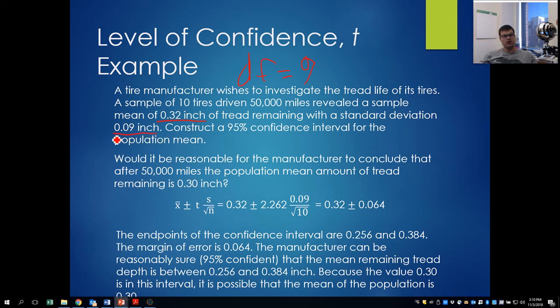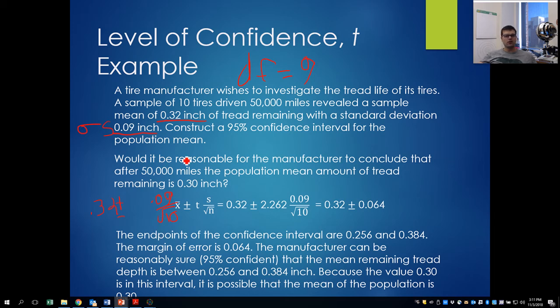Now remember, for a population standard deviation it's sigma, but here we are using s. So we have 0.32 plus or minus the t-value, and then the standard deviation is 0.09 and the square root of n, so the square root of 10.